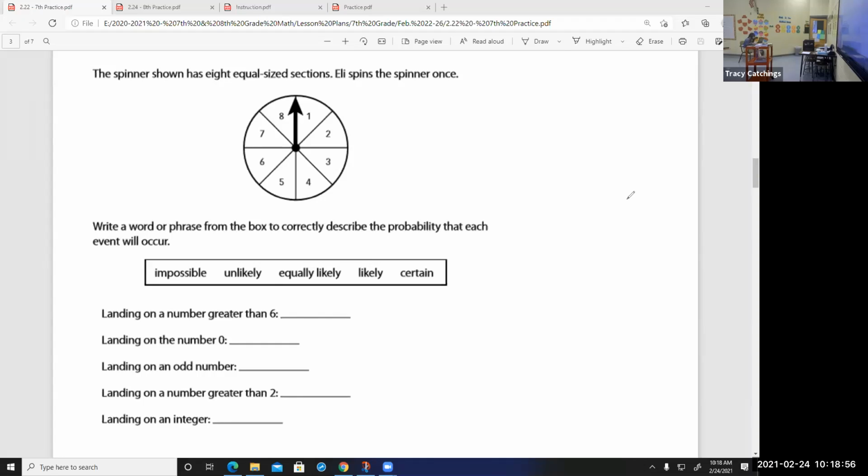All right, it says landing on a number greater than 6. I say equally likely. Greater than 6? What's greater than 6? Give me your 3. Only 2? All right, so if I got 2 out of 8, what percentage might that be?